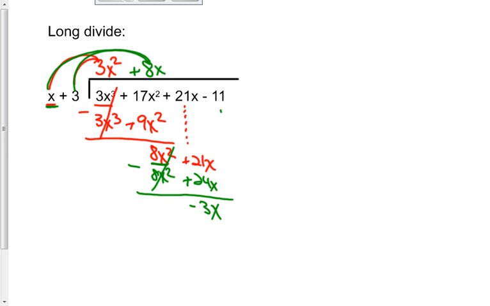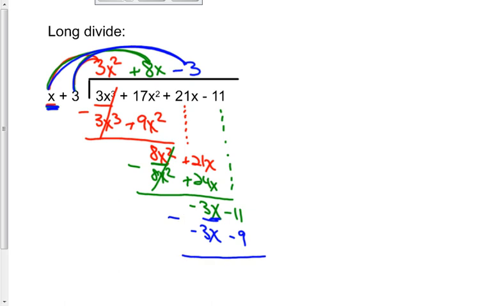And I drop down my last term of negative 11. And we'll divide one more time. X times what gives you negative 3x, negative 3. And we do our last distribution. Negative 3 times x is negative 3x. Negative 3 times 3, negative 9. Do your subtraction.